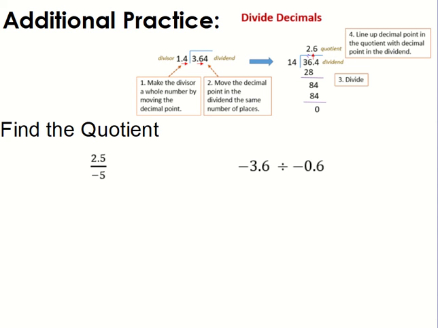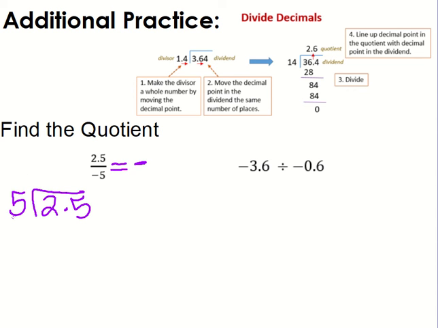Okay, so we're going to find these quotients. This is 2 and 5/10 being divided by -5. We're still going to use our integer rules. Since these are opposite signs, our quotient will be negative in the end. So now that I've decided that, I don't have to worry about this negative. So I'm going to do 5 into 2.5.